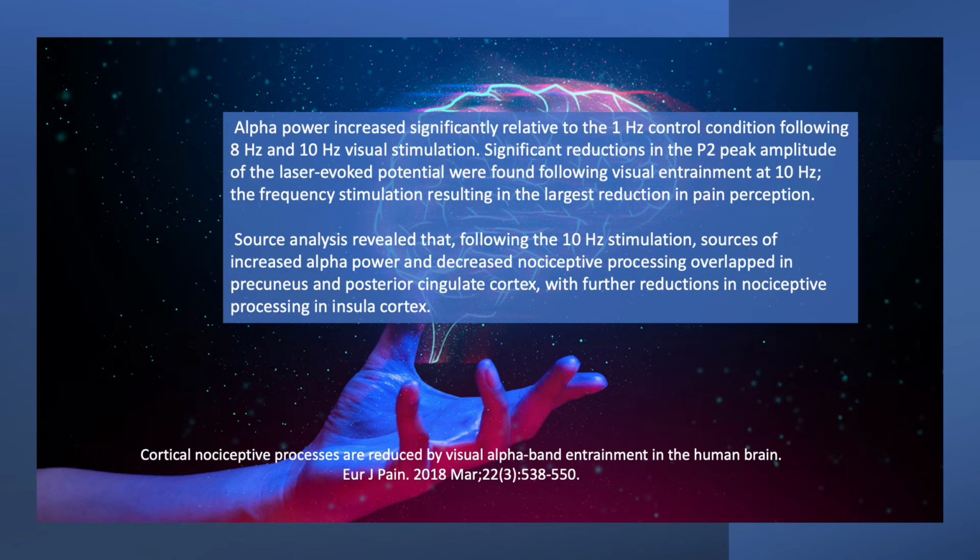This article, published in the European Journal of Pain 2018, demonstrated externally driven brain entrainment in the 10 Hz alpha oscillation band, and that this brain entrainment was associated with pain suppression.